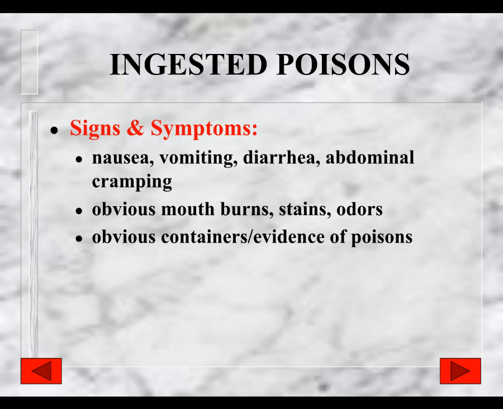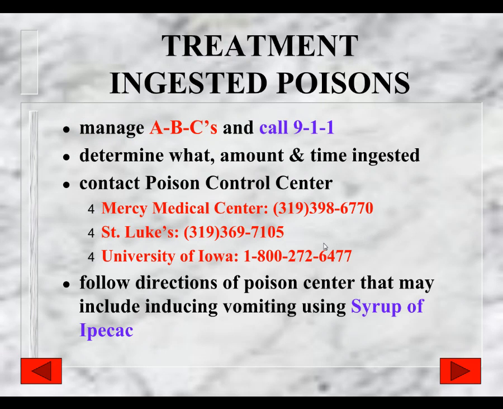We want to look for the container or whatever they took, and we want to call poison control. We also want to look and see if there's an antidote on the back. Sometimes it'll tell you what to do on the back if someone has ingested a poison, whether to induce vomiting, administer milk, whatever. But the best thing you can do is call poison control if you know what they've ingested. We're going to call 911.